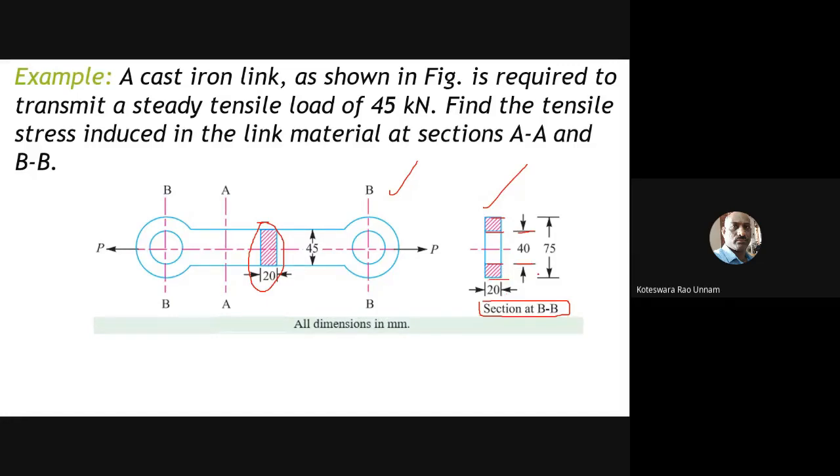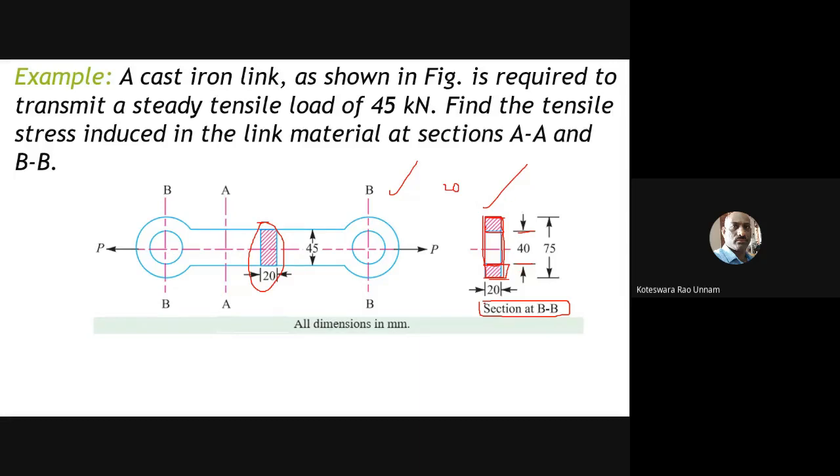So now we need to compute the area for this. You can calculate in either way. I can consider this area plus this area. That is one way of doing it. Or else you can calculate the total area and subtract this area from it.